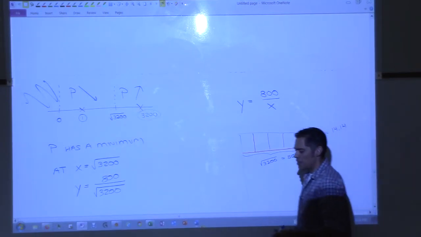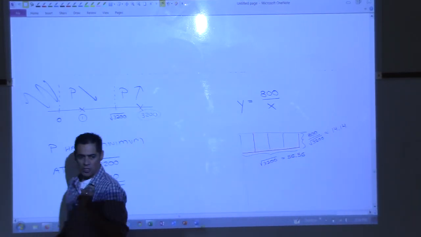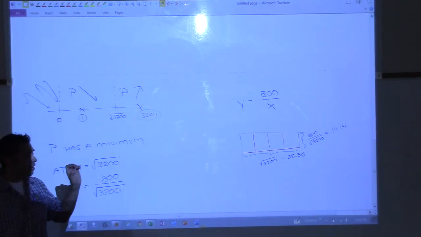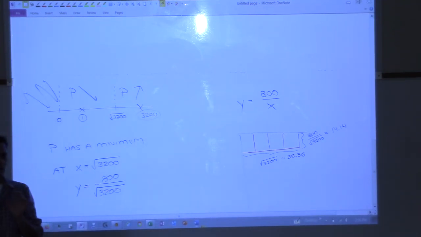So if you build it this way, you will have achieved an area for each pen of 200 square feet, and you will have used the least amount of material possible. Right? Okay.